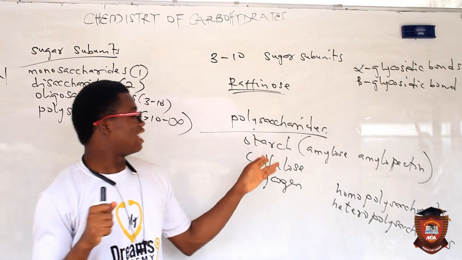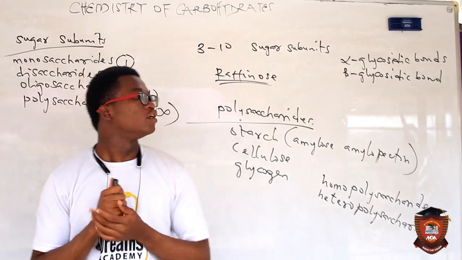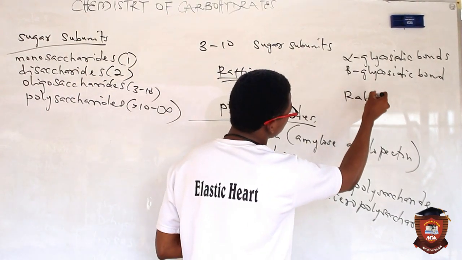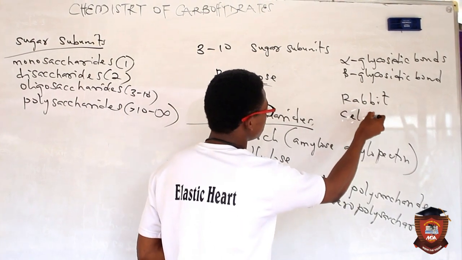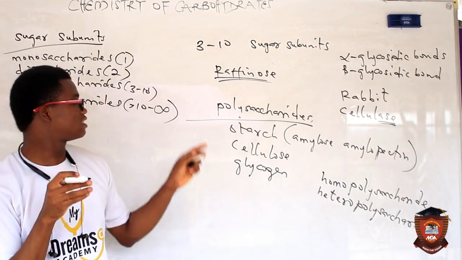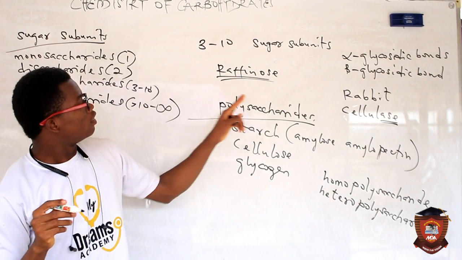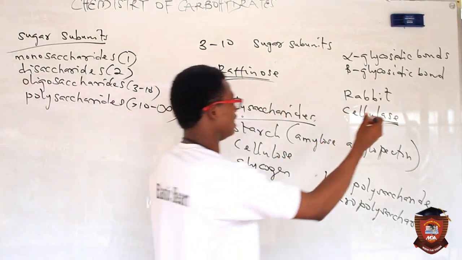Herbivores can digest cellulose, but not based on the enzymes they produce on their own. Some herbivores, like the rabbits, have cellulase producing bacteria. Cellulase is the enzyme that digests cellulose, but it is not produced by human tissues. It is through the help of bacteria that are present in the digestive tract.